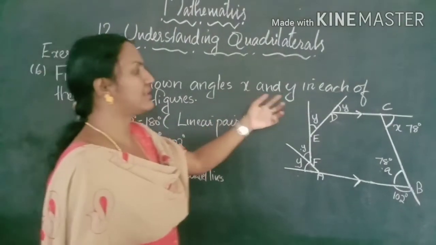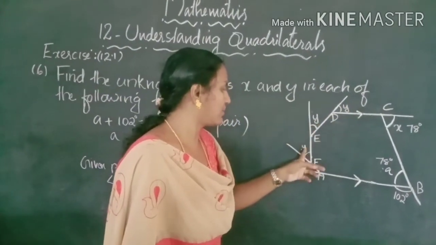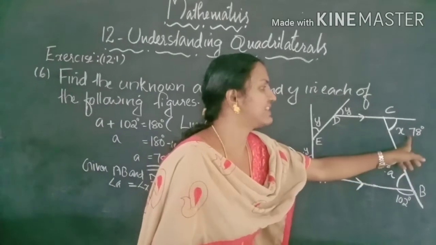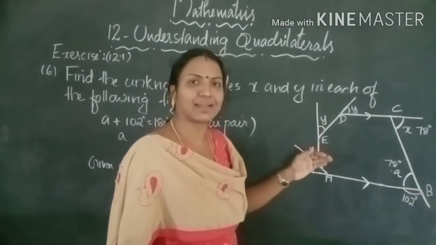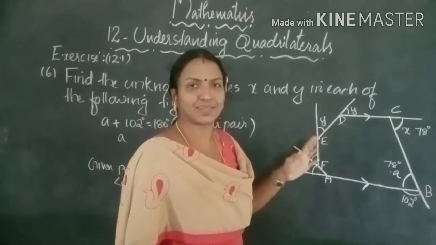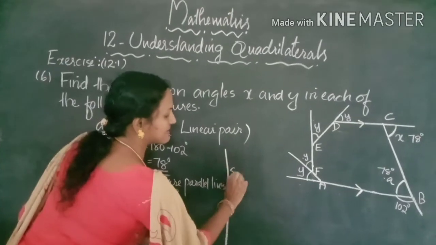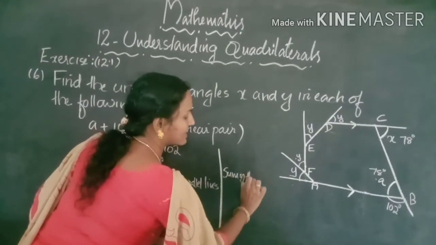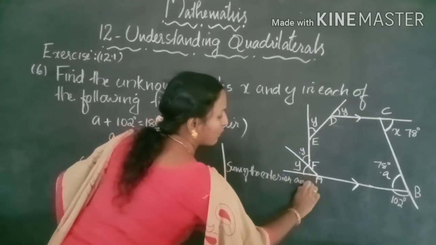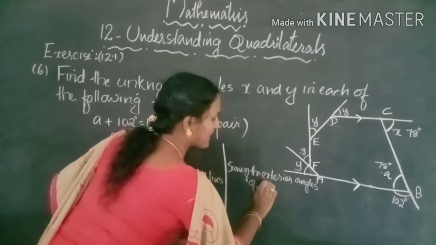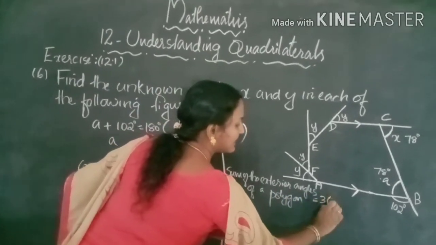Then we have to find y. Here angle y, 102 and 78 are exterior angles. We already studied that the sum of the exterior angles of a polygon is 360 degrees.